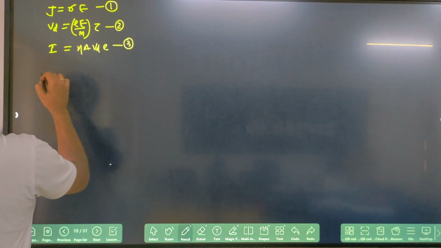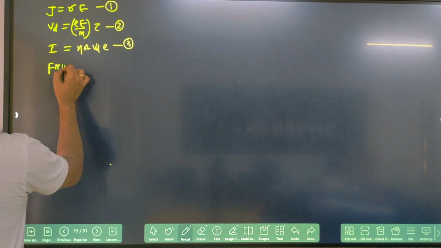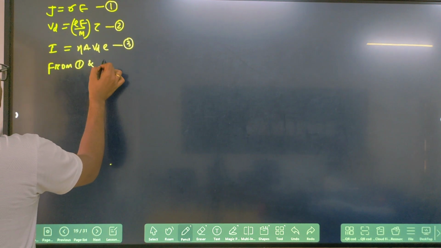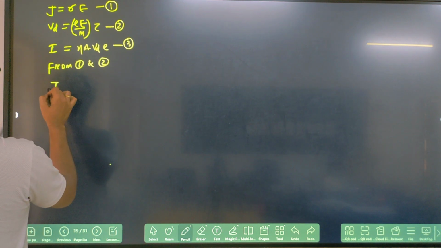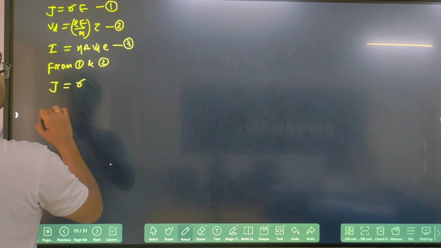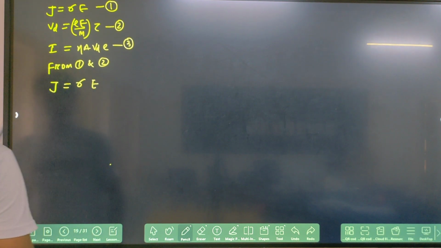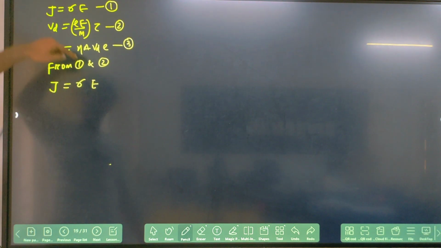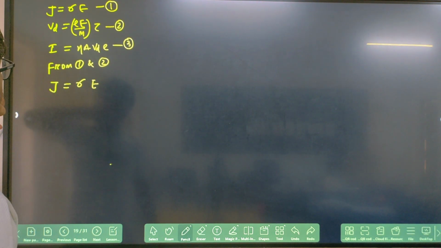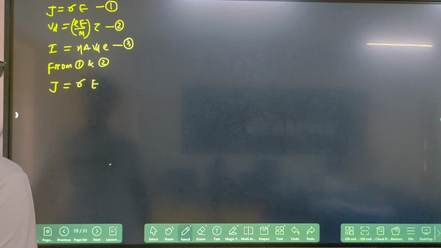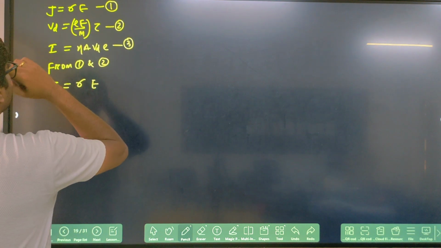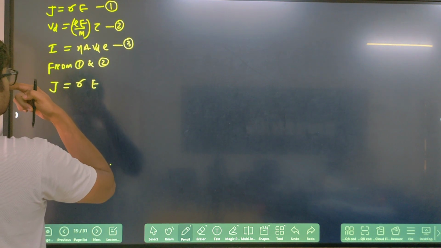So from 1 and 2, what can I write? J equal to sigma into E. Then in place of E I can put this relation.